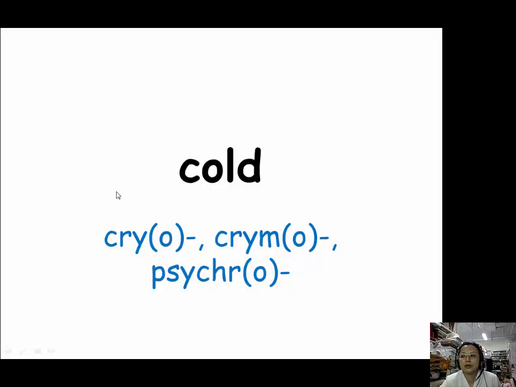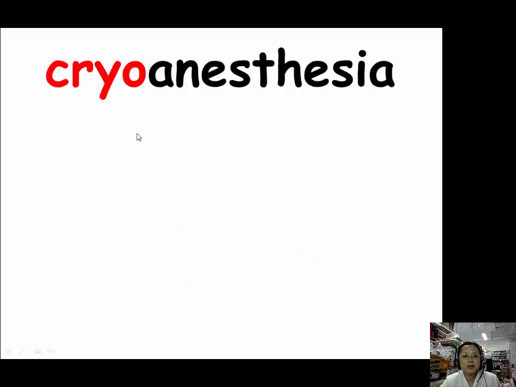For cold, we have these three prefixes: cryo, crymo, or psychro. Our example for cryo is cryoanesthesia.